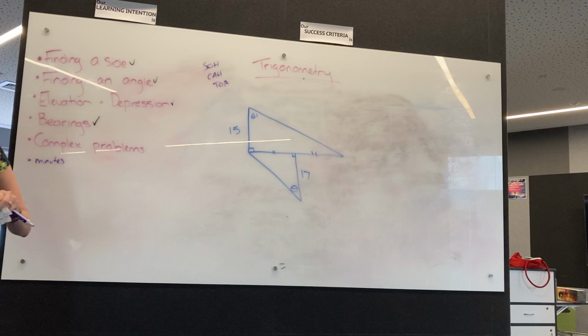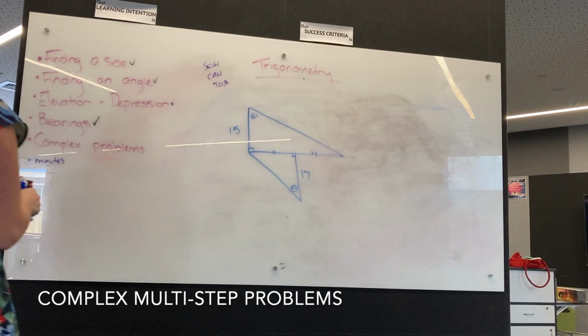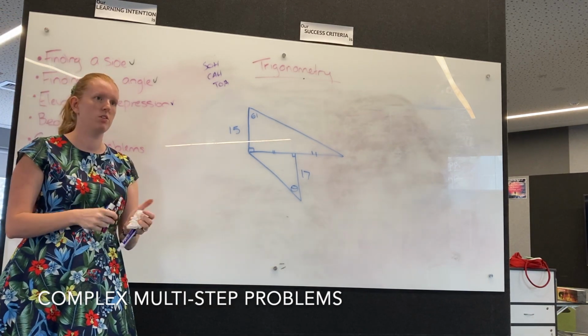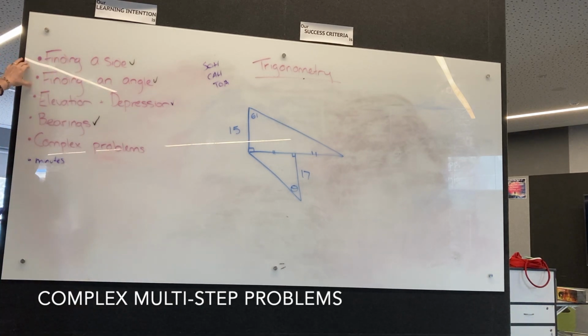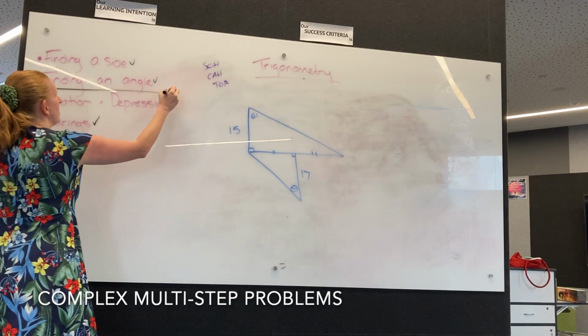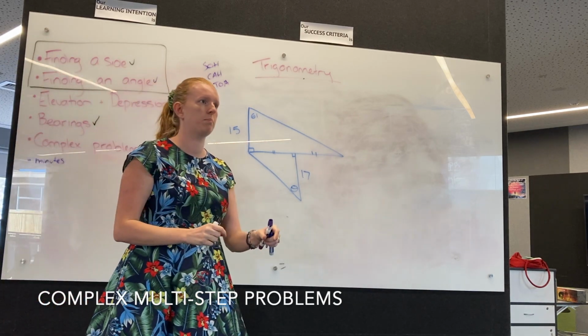Okay, cool. All right, now let's do complex problems. There are a couple of these in your exam. So they take a couple of steps to do, but all you're using is these 2 things here: finding sides and finding angles, but it's a multi-step problem.